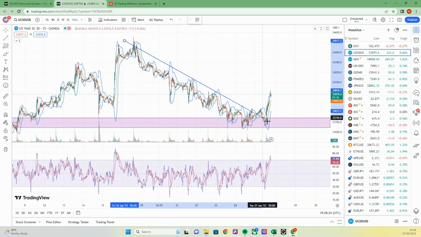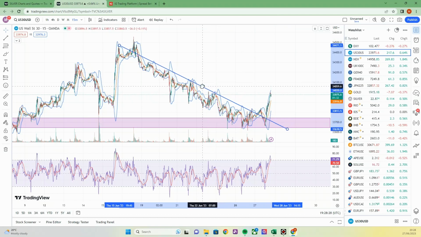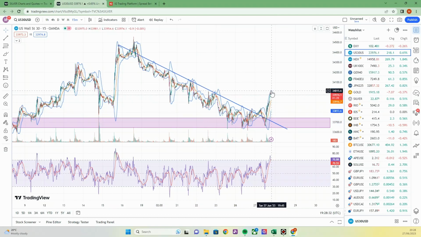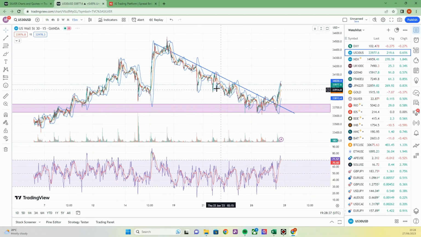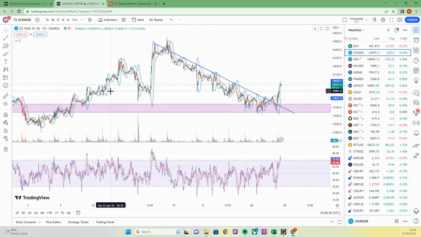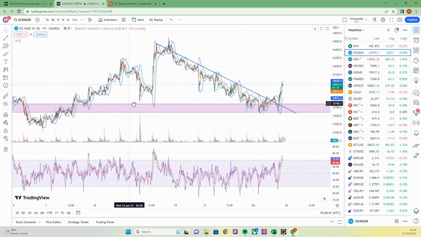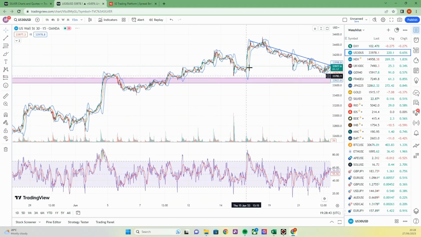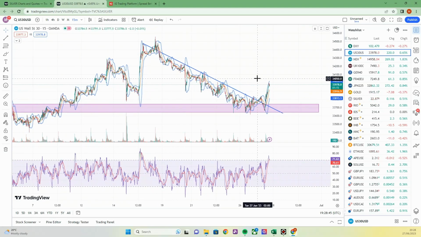Right, so we know that this is a slope, like so. It's broken that, which means it's now bullish. It was bullish previously anyway. How fast does that seem to be rising? Not that much, except for there and there. So that's not bad.